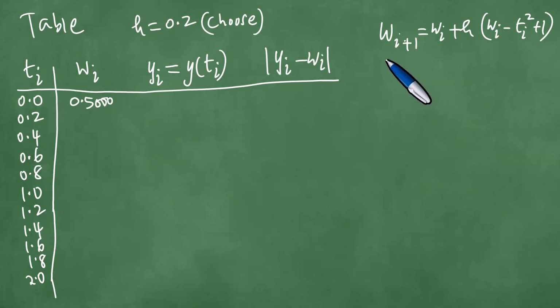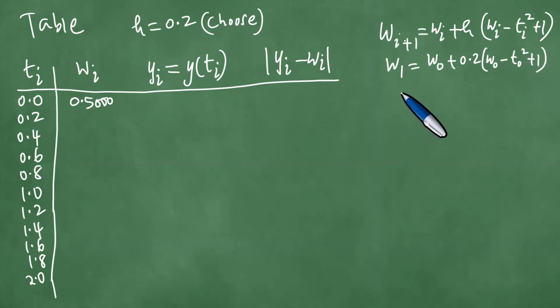So we're going to say, for example, we want to get W1, which means i is 0. We got W1, but for a different H. So this is going to be 0.5 plus H, when H is 0.2, it's no longer 0.5, and then we have W0 minus T0 squared plus 1.